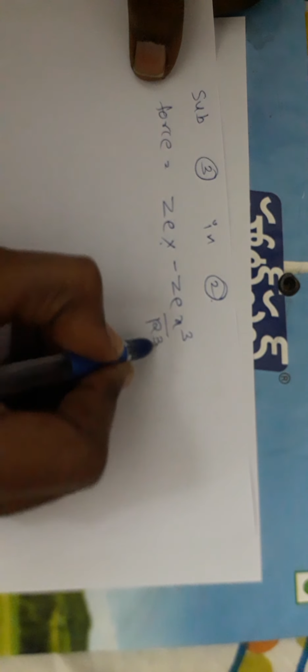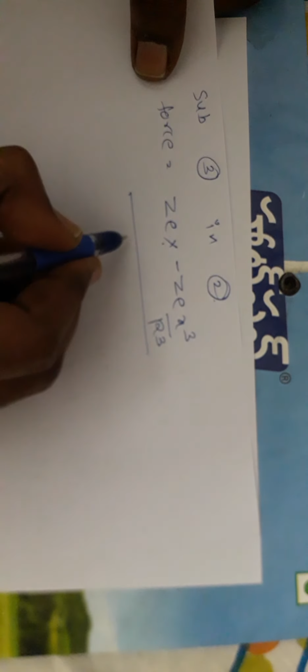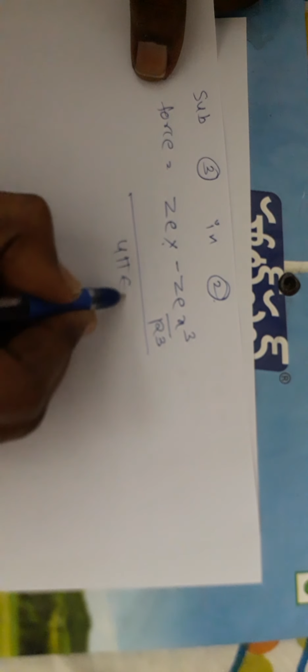Now substitute 3 in 2. The Coulomb force is equal to ZE into the charge enclosed in the sphere of radius, minus ZE x cube by r cube, by 4 pi epsilon naught into x square.